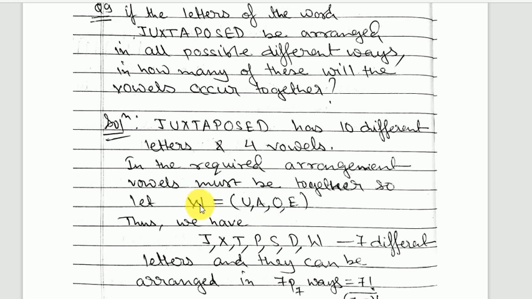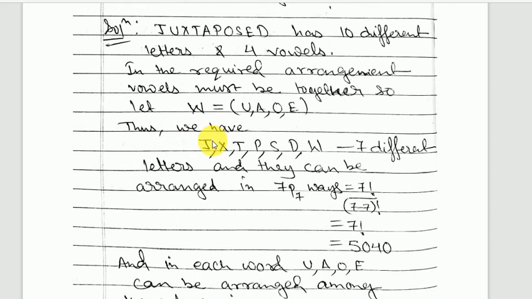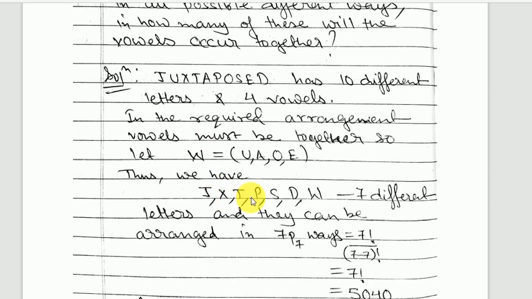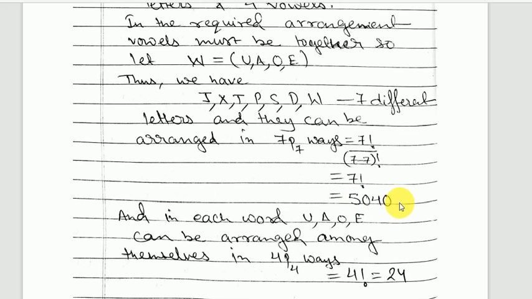So I'm considering it to be W, that is UAOE. So in that case we will have J X T P S D W. So now we have got 7 different letters and we have to arrange them. So the total number of arrangements for these letters will be 7P7, that means 5040.